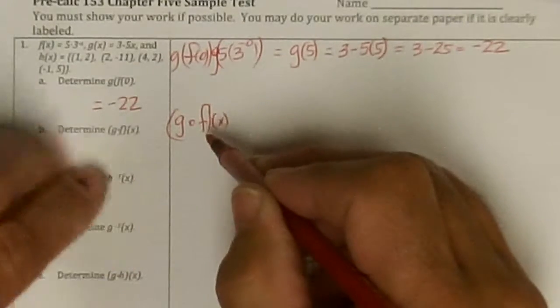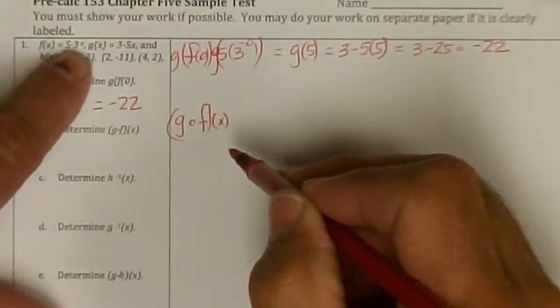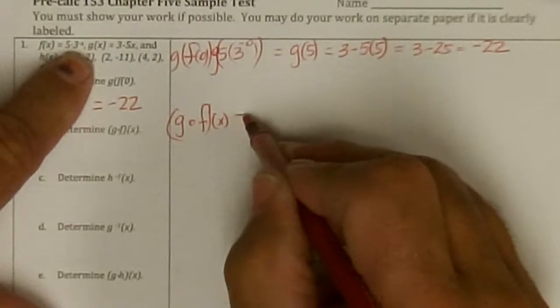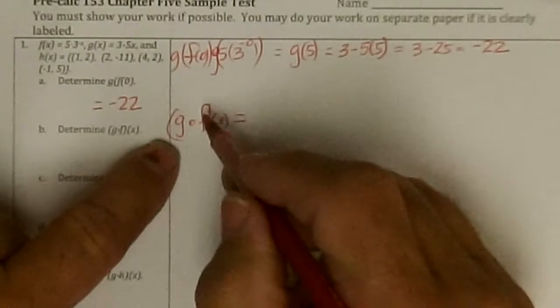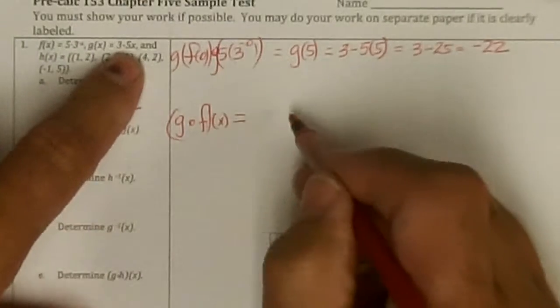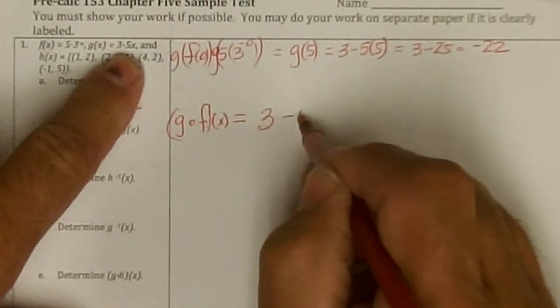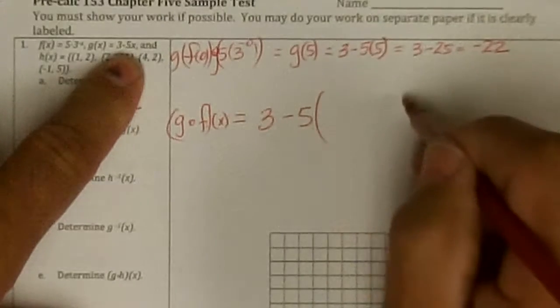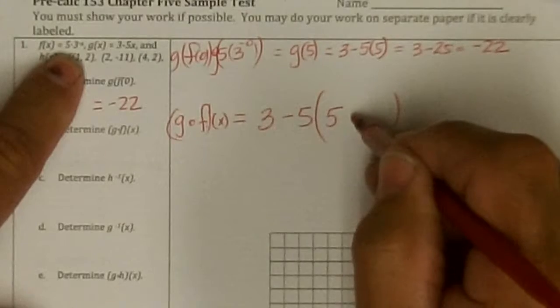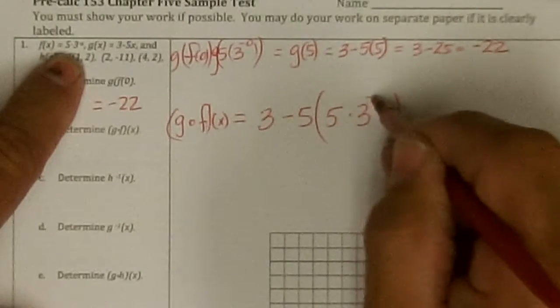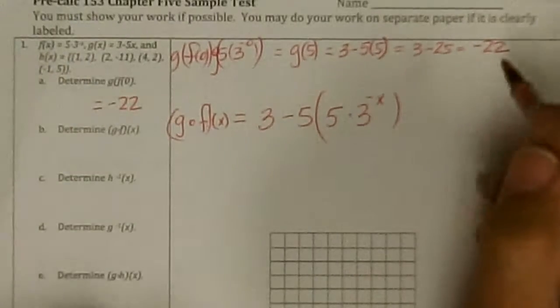So we got to put f of x, which is 5 times 3 to the negative x, and we're going to put that in place of the x's of the other. So we got 3 minus 5 parentheses. In place of the x, we're putting 5 times 3 to the negative x.